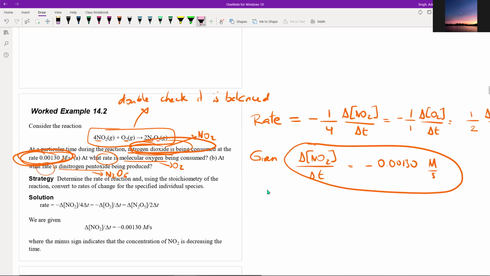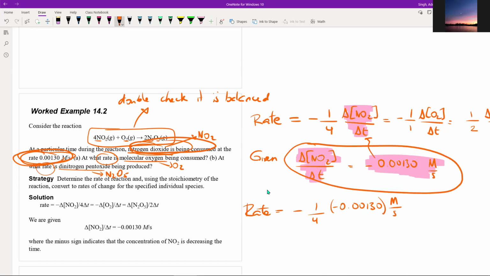So that is equal to this part of the expression here. So we can take this and substitute it into that part of the expression. So that can go in right here. So we can see now the rate is equal to -1/4, and then this entire thing goes in. This is -0.00130, and then molar per second is our unit.